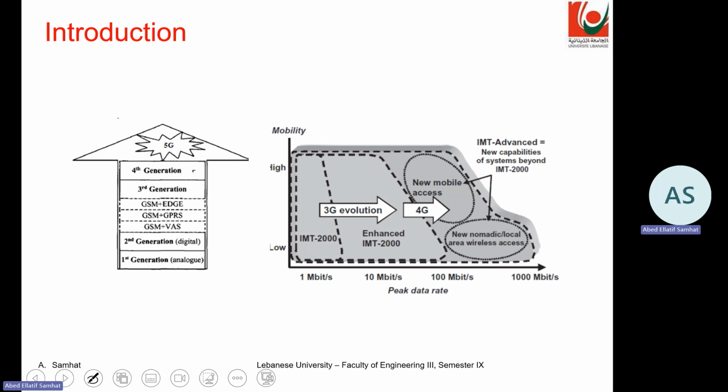So typically, as an introduction, we know that the first generation of the cellular system was a simple analog system. It was analog, and it was not used at a high level. So typically when we talk about cellular systems, we really start with the second generation here.